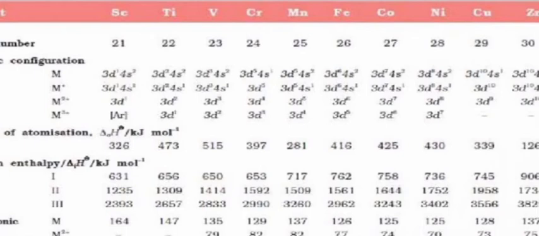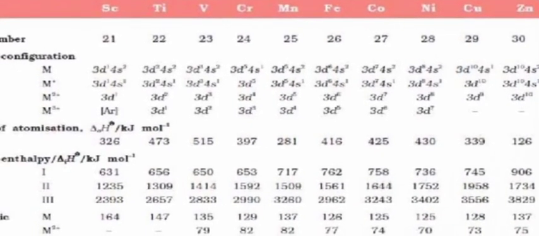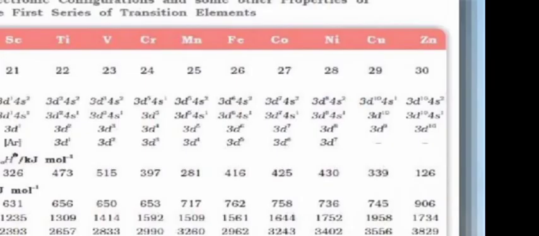Nickel has 736. Copper has 745. And zinc has 906. You can see that the ionization enthalpy starting from scandium to zinc gradually increases from 631 to 906, but the increase is not too much.